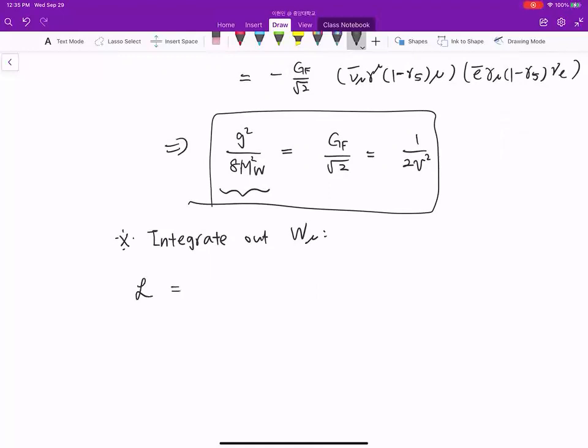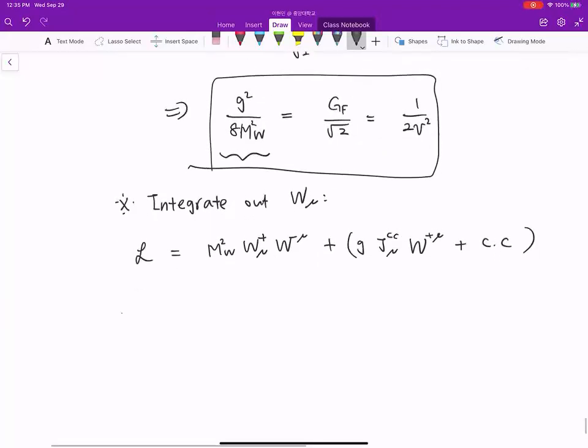Then the W boson mass is written down here, with the charged current and the complex conjugation.